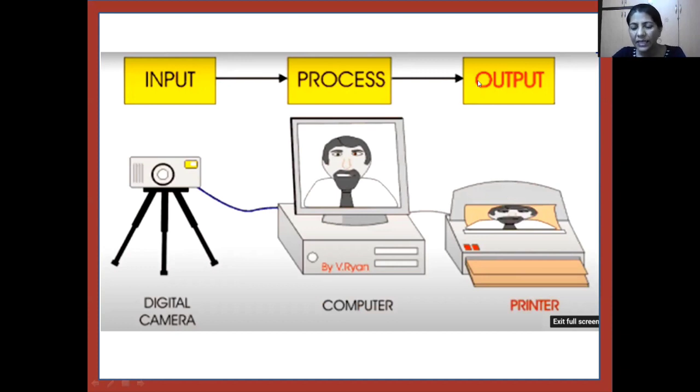So this is the task of system software. But as we have learned in previous slide, system software is having three parts. One is operating system, language processor, and utility softwares. So one by one, we are going to learn about all three parts.